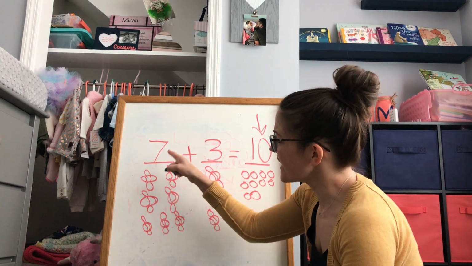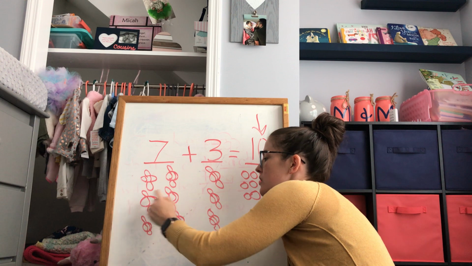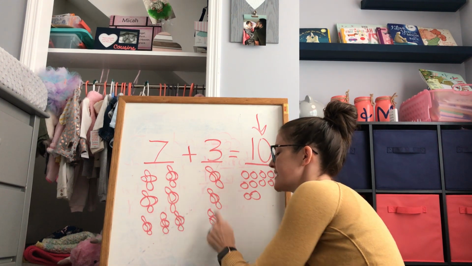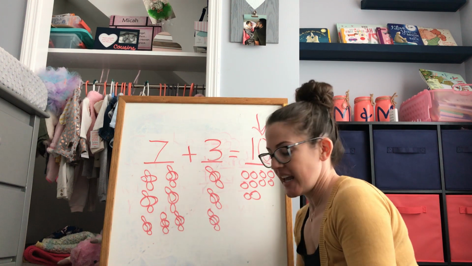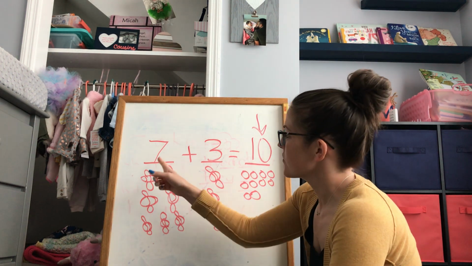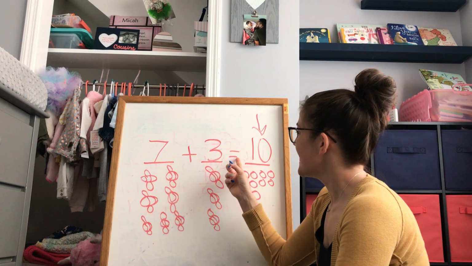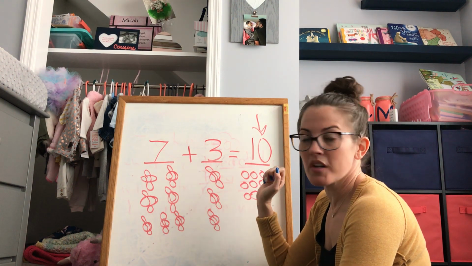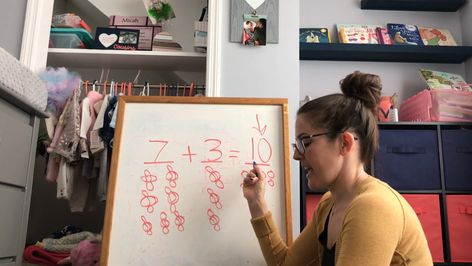So, if I don't know how to just say the whole thing, I can touch count all of them. 1, 2, 3, 4, 5, 6, 7, 8, 9, 10. Or 7, 8, 9, 10. All right, let's read this number sentence. 7 plus 3 equals 10. One more time. 7 plus 3 equals 10.